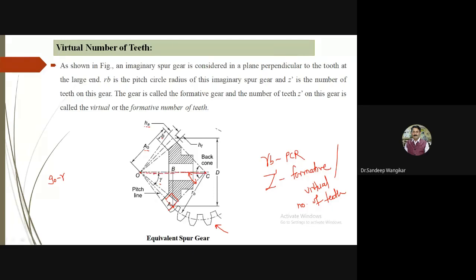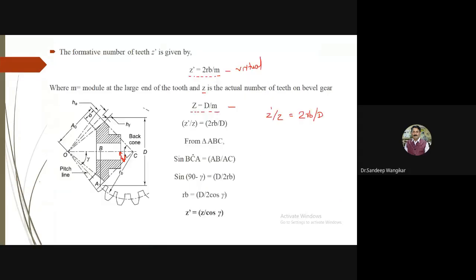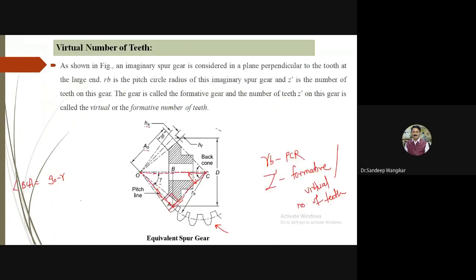If you consider this complete triangle, this angle is gamma, this is 90 degree, therefore this will become 90 minus gamma. Therefore, you can say the angle BCA is equal to 90 minus gamma, in the diagram.